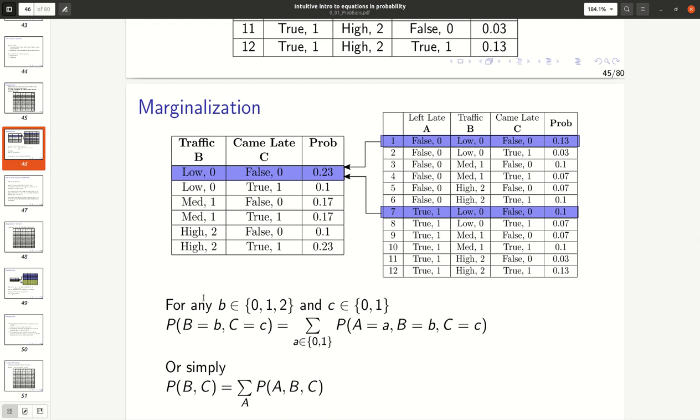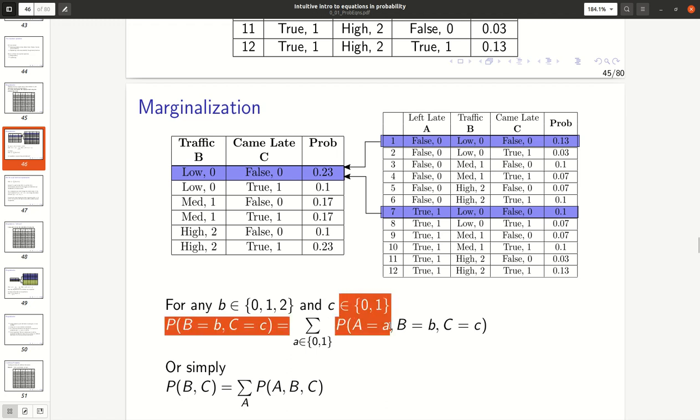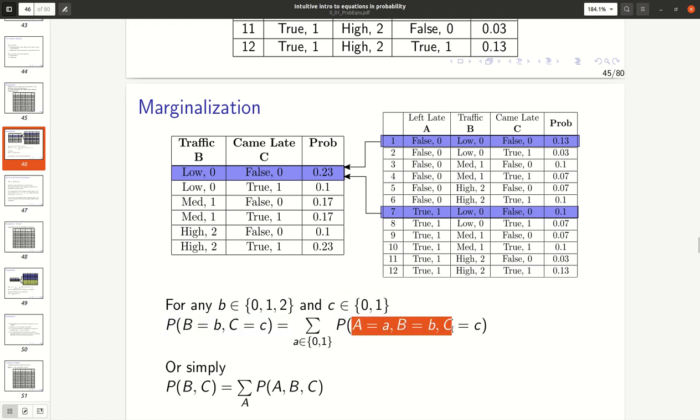To find the probability that B is equal to b, first we fix the row of the new table. Then we sum the probability values from the original table which included A. While we have fixed B and C, the summation is over only A, where A takes all the possible values.